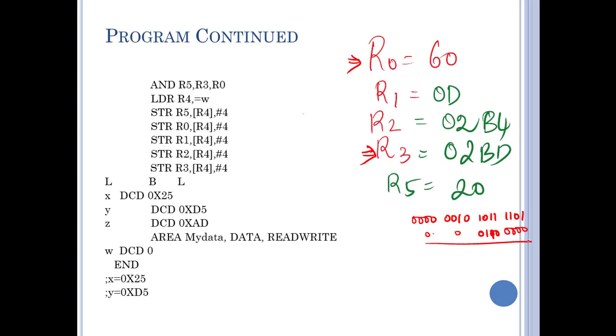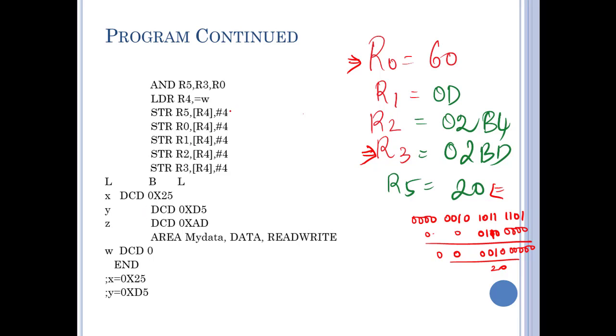AND means 0 only. So this is 0, this is 0, 1 and 1 gives 1, this is 0, and the rest is all 0, which is nothing but 20. That is why I have saved R5 as 20.